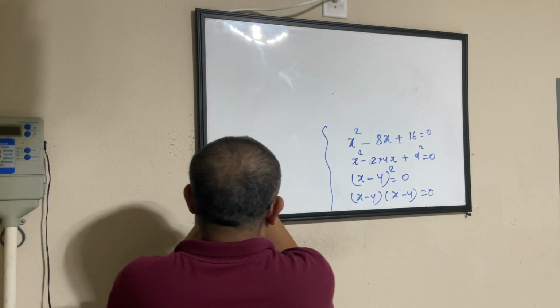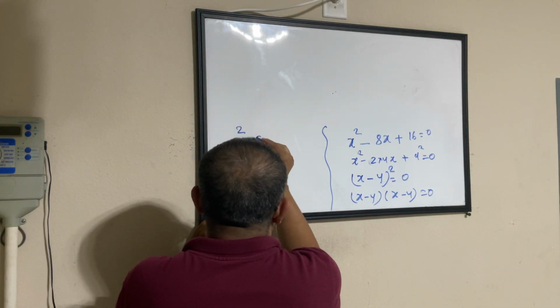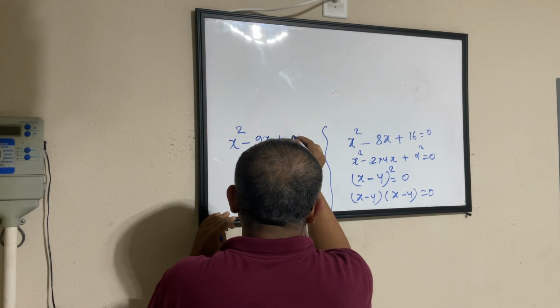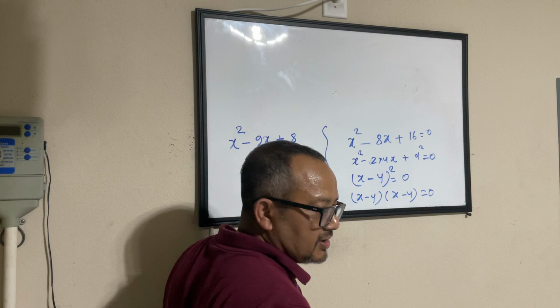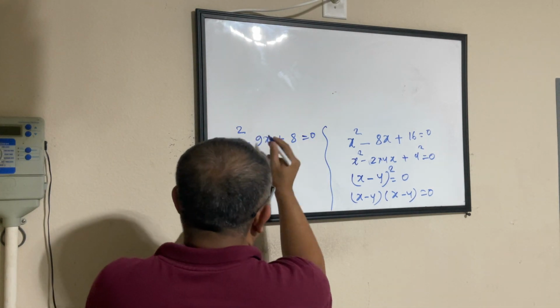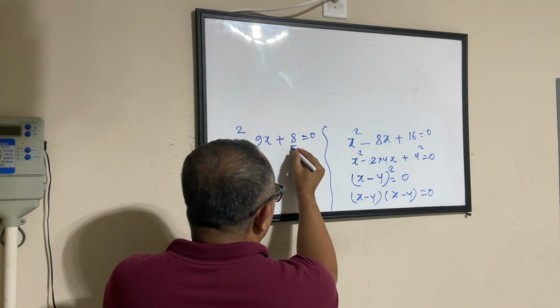Now let's say I had a problem like this: x squared minus 9x plus 8 equals 0, and I have to solve this one. So this is not in the (a plus b) whole square or (a minus b) whole square form, because this is not a perfect square.